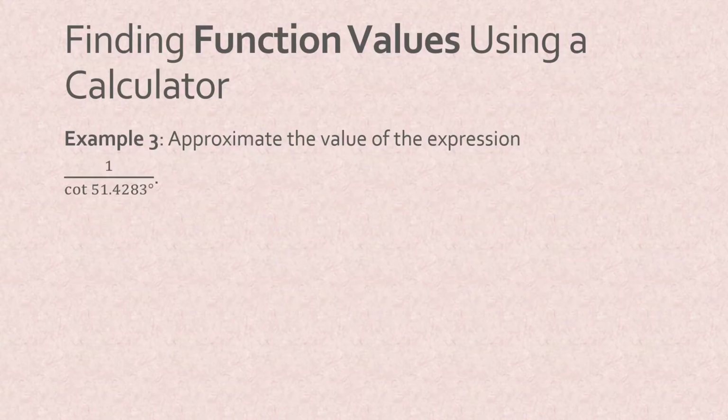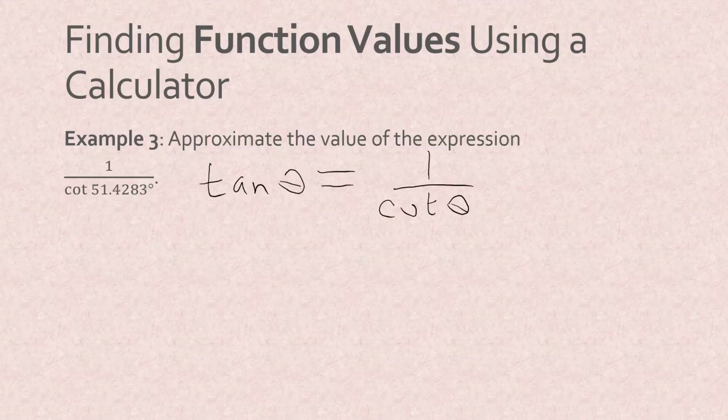The last example of this type is where you're asked to approximate the value of an expression such as 1 over cotangent of 51.4283 degrees. Notice that the expression itself isn't just a trig function, so again, you want to use an identity to rewrite this in terms of sine, cosine, or tangent. We can use the reciprocal identity that tangent is the same as 1 over cotangent of an angle.